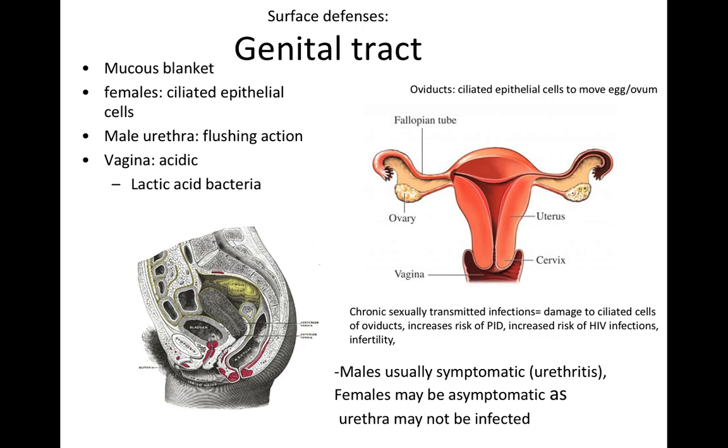So this is one reason, you guys, it's so important that women, especially if they're sexually active, get at least annual exams, right? And if you're sexually active, you want to make sure that you're being screened for sexually transmitted pathogens, because you don't want to end up with one of these silent infections.